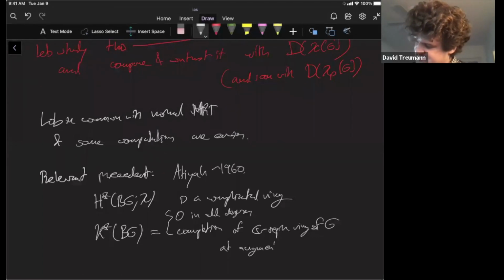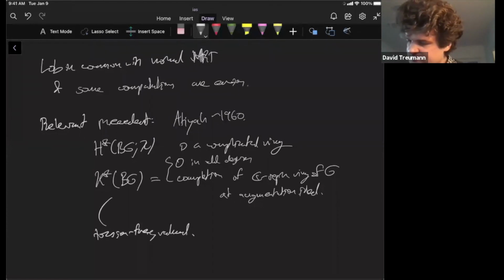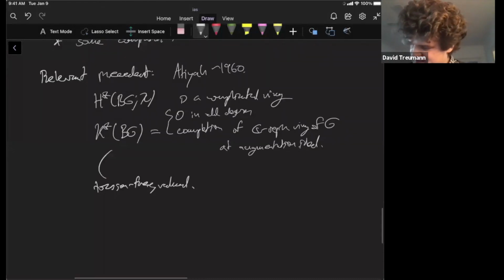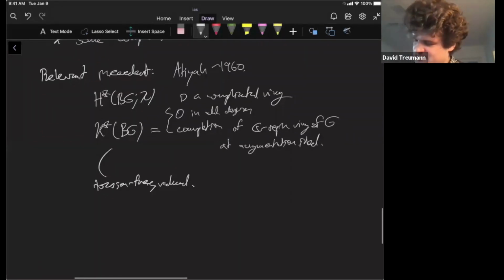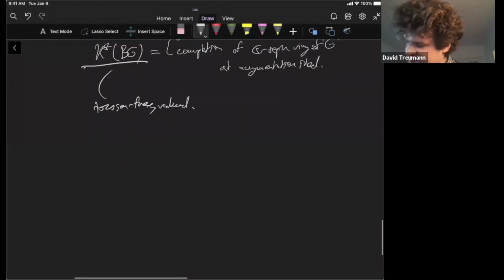In particular, it's torsion-free, reduced, and vanishes in a lot of degrees. And if you complete this at a prime, the structure is even a little simpler or more explicit.